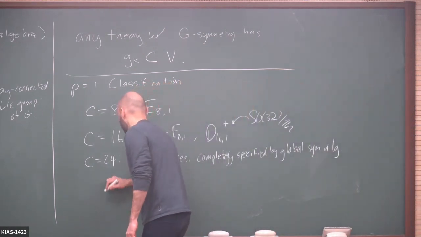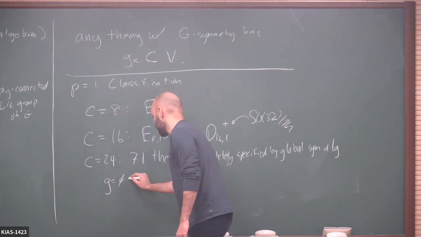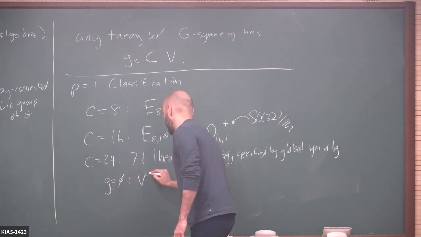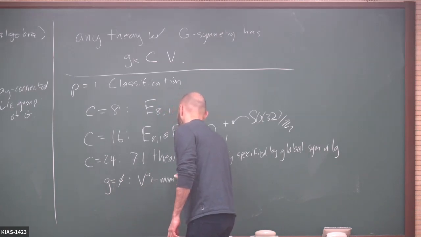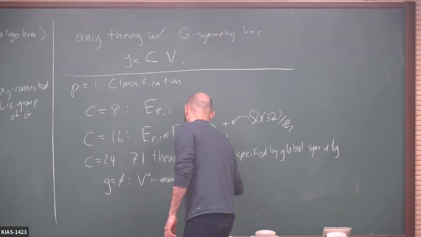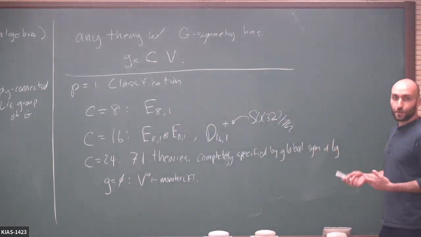For example, when the algebra is trivial, there's this famous monster CFT, which has no continuous global symmetries, but it has an action of this exceptional finite simple group called the monster group on it.